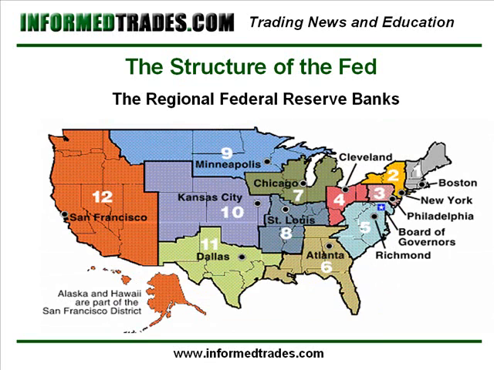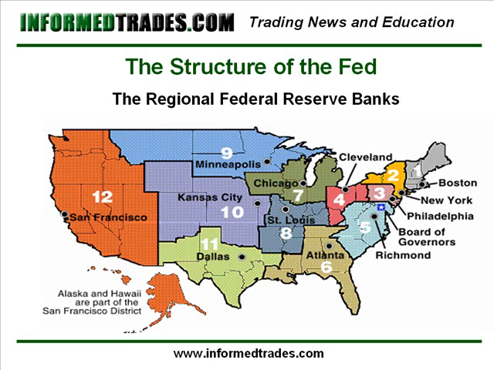The next component is the regional Federal Reserve banks. This is a network which includes the 12 regional Federal Reserve banks and 25 branches. As most of you already know, different areas of the United States are comprised of different industries.